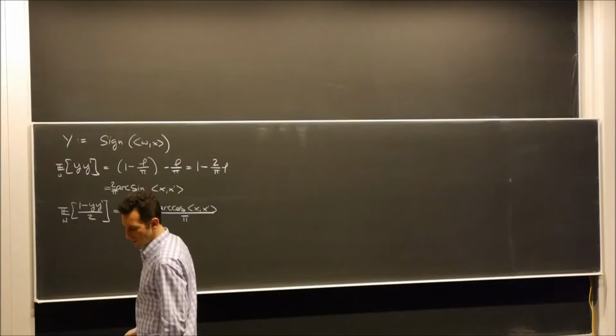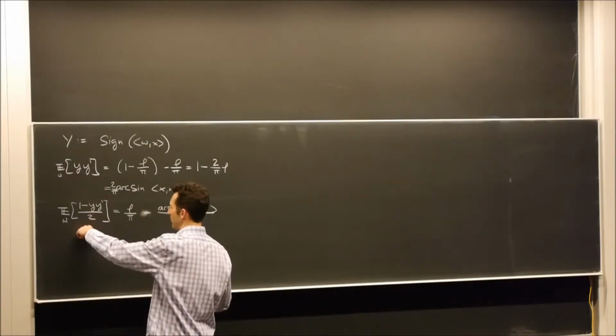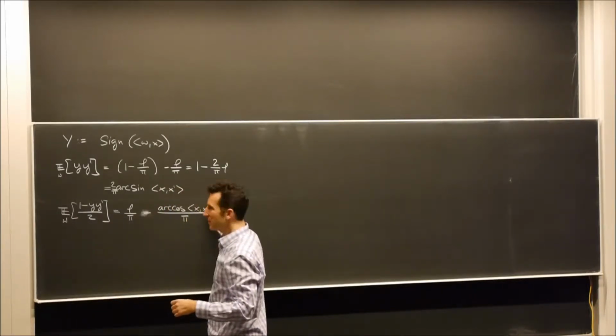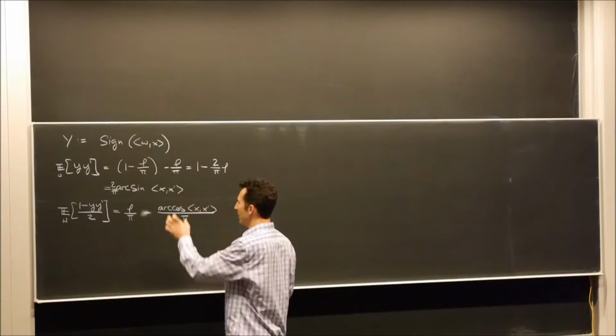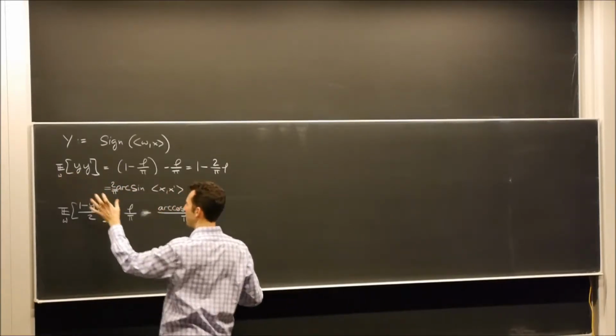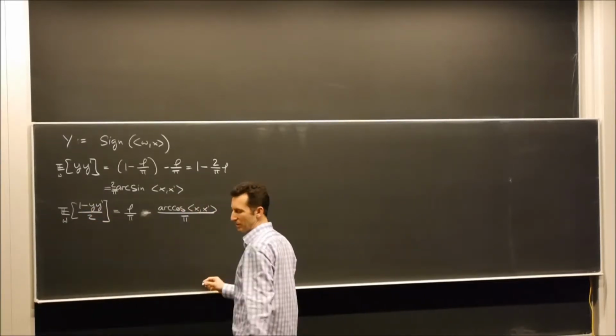Okay. So what I'm going to do with those variables now is I'm going to relate them to the inner product. And what we'll see is that, quite surprisingly, the value of the inner product and the expectation of y prime, and correspondingly 1 minus y prime over 2, are going to be fairly close.